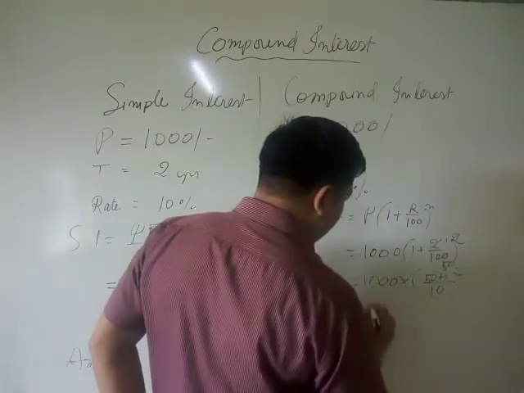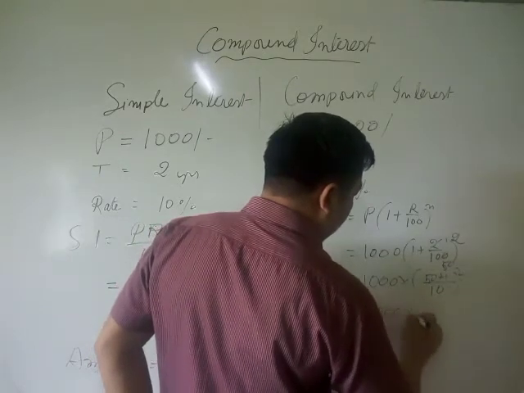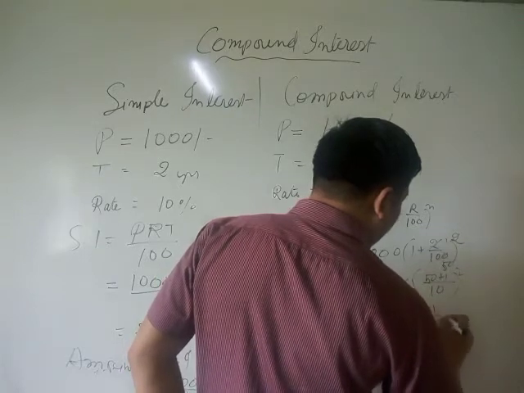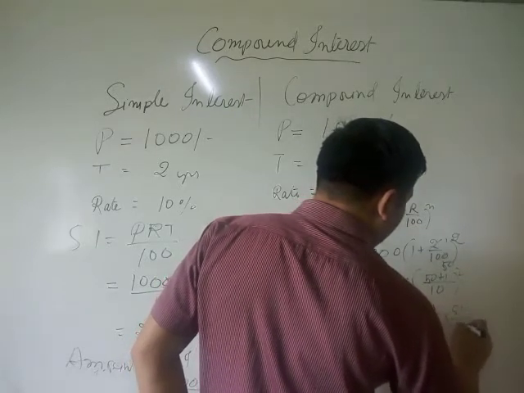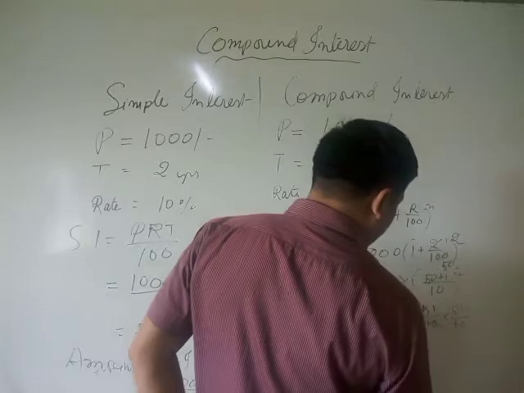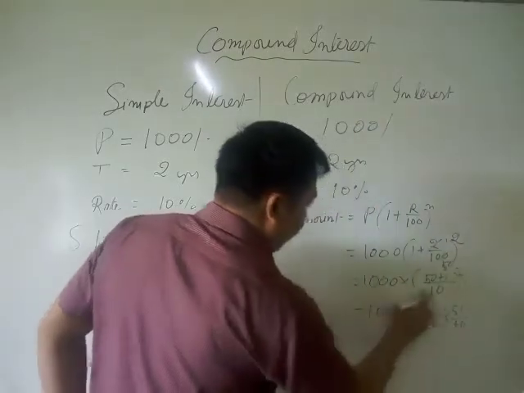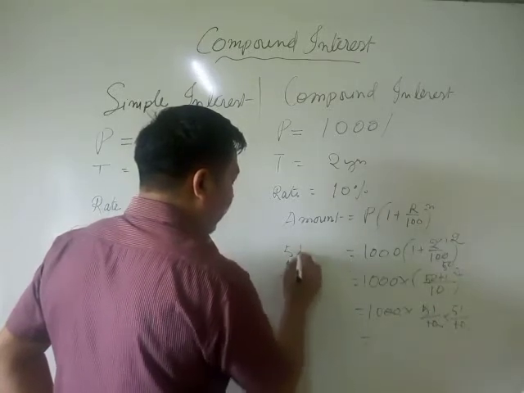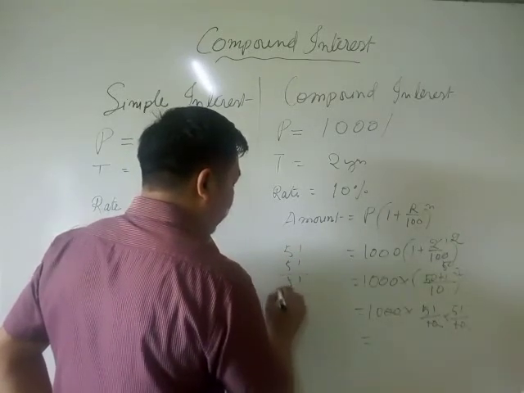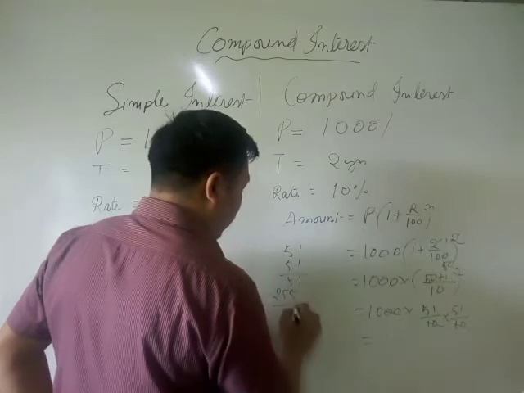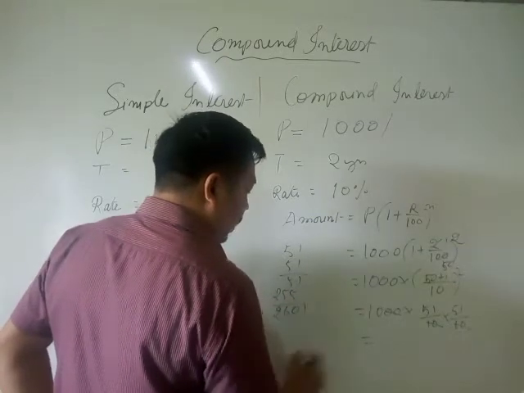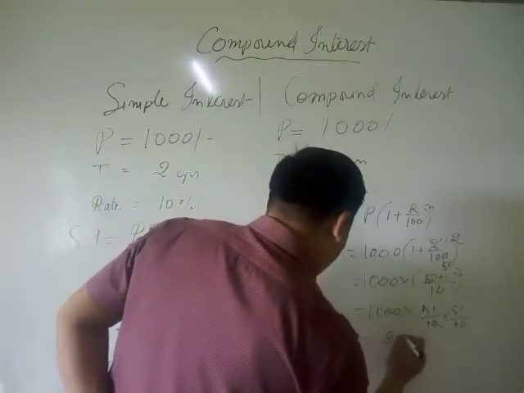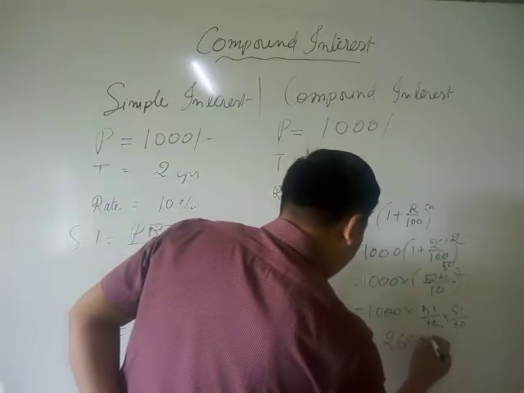Now you got 1000 into 51 by 10 into 51 by 10. This 10 and this 10 will be cancelled. Now multiply 51 and 51. 1 1 is 1, 1 5 is 5, 5 1 is 5, 5 5 is 25. So here the amount is 2,680.